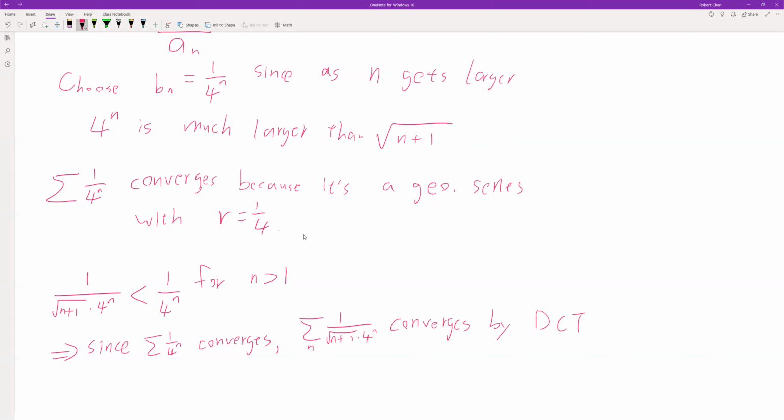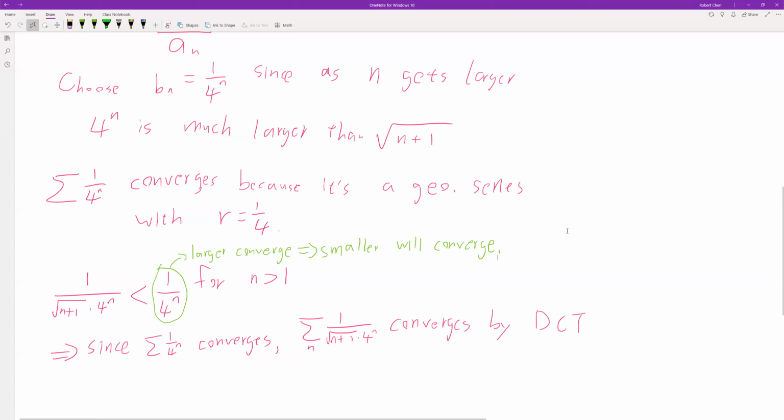Because we have shown that the larger one converges, it means the smaller one will converge. The larger one is our 1/4 to the power of n, which is a geometric series that converges. So the smaller one, which is our original An, will converge due to the direct comparison test.